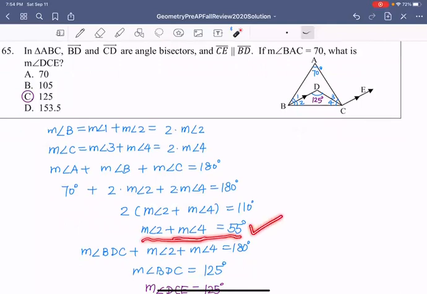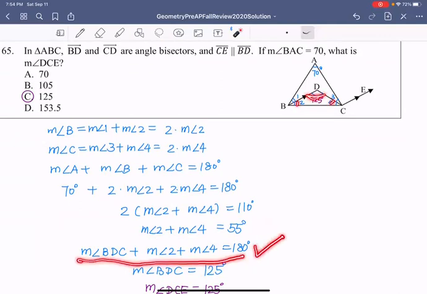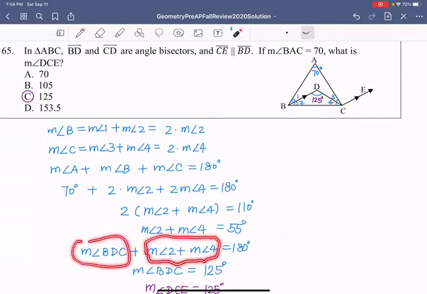Do you agree? Oh, we found out this plus this together is 55. Continue reading here. The measure of BDC plus the measure of angle 2 plus the measure of angle 4 equals 180. Do you agree? This plus this is 55. How much is here?